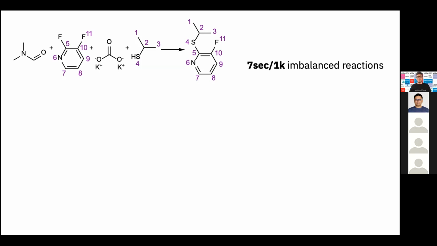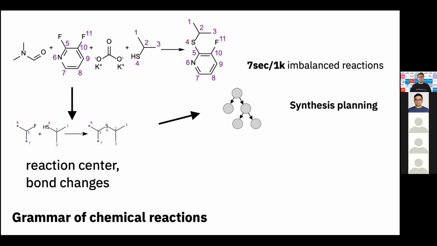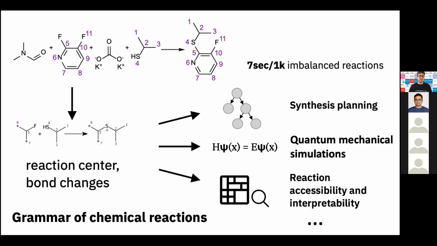Then we can extract reaction centers, bond changes, basically the grammar of chemical reactions. This can be used to, for example, improve synthesis planning tools, make quantum mechanical simulations possible or easier, and also increase the accessibility and interpretability of reaction databases. On the next slide, I will show you how atom mapping affects synthesis planning.